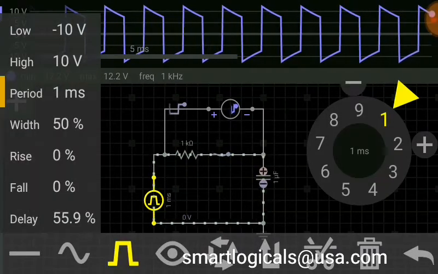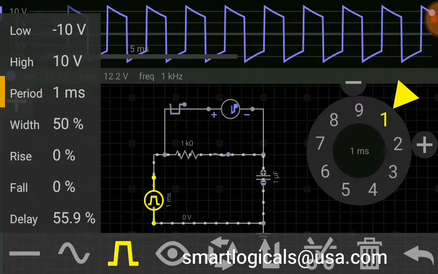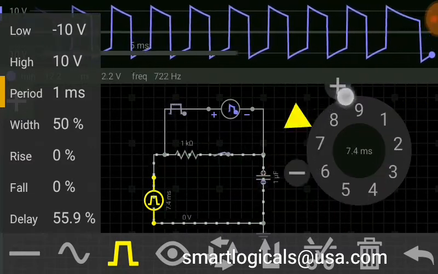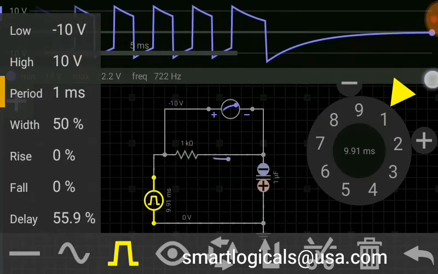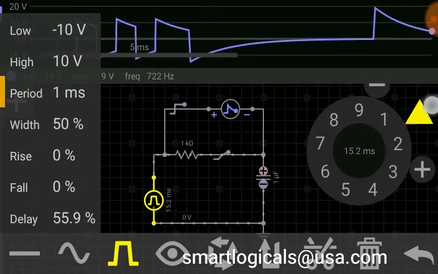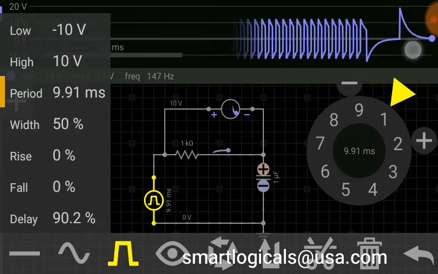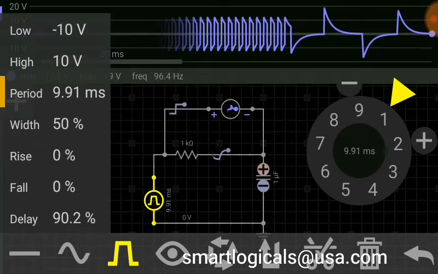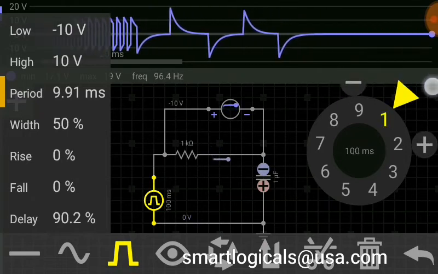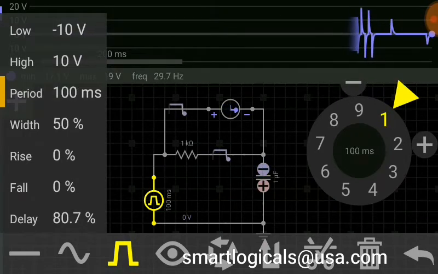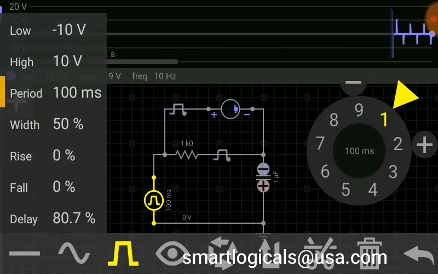If the time period is far greater than the time constant, then what will happen? Impulses will be developed.